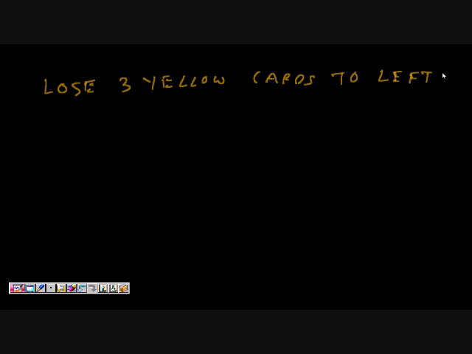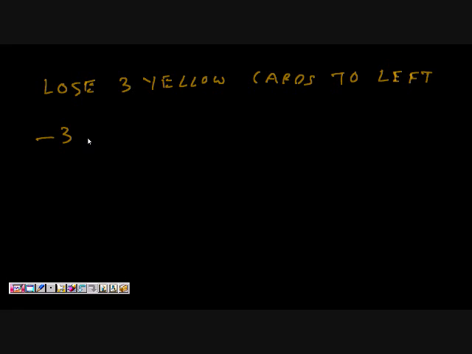So you're losing 3 cards, which is negative, but you're losing cards for which you owe money. So for every yellow card that you hold, you owe $1 to somebody. So when you lose those 3 cards to the person on the left, he gets the cards and he owes the money now. So that means that you gain the money basically.